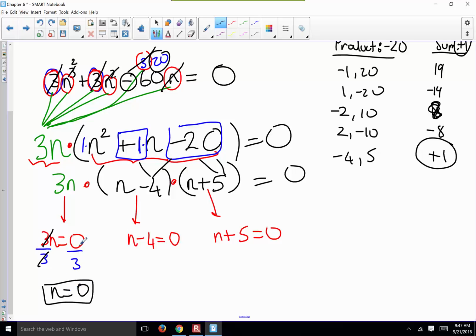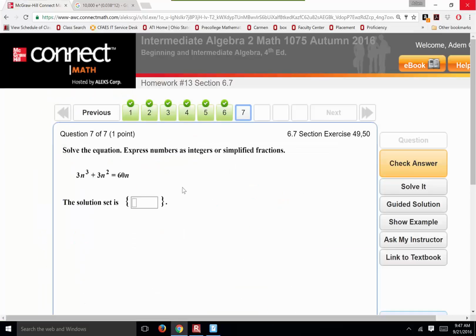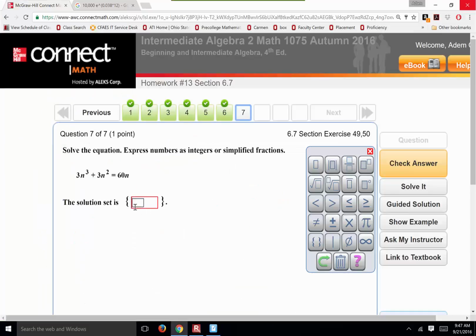You have no money, you need to give it away to 3 people, each gets 0. Alright, add 4, subtract 5. So -5, 4, 0. Again, you can put it in mixed order, won't matter.